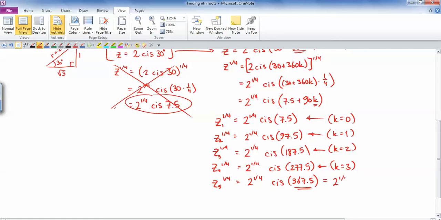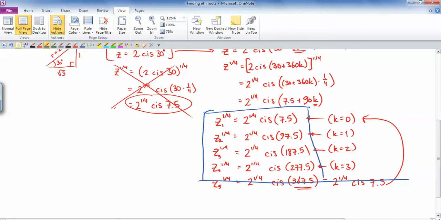So that would be 2 to the 1/4 CIS 7.5 if I simplify it a little bit. But that's the same as this answer. So really, I can ignore this answer and anything that comes after it. And here are my 4 answers, my 4 unique roots that work for z, my fourth roots that work for z.